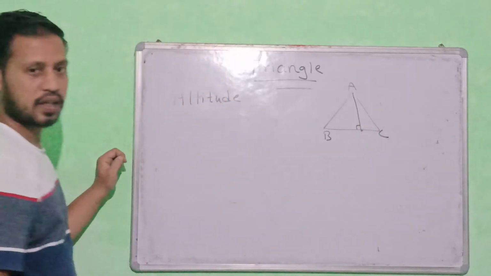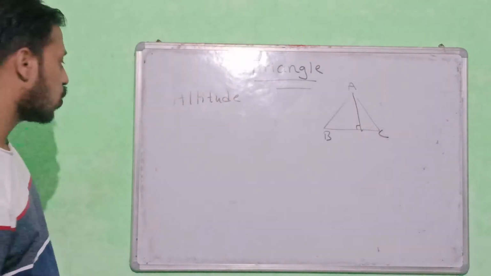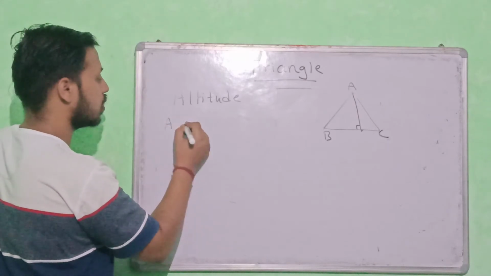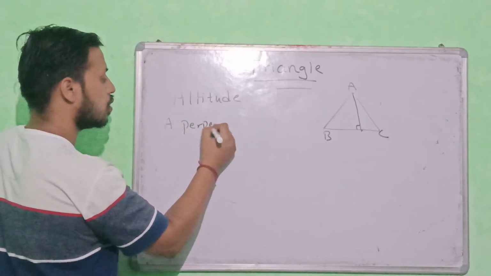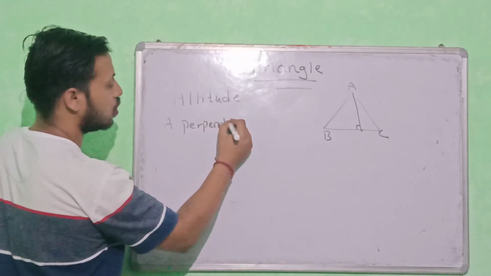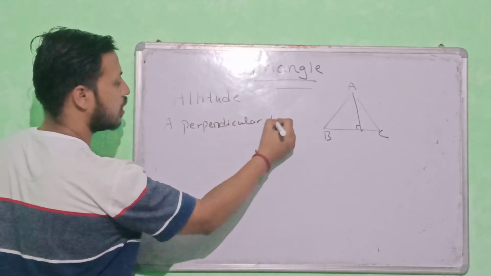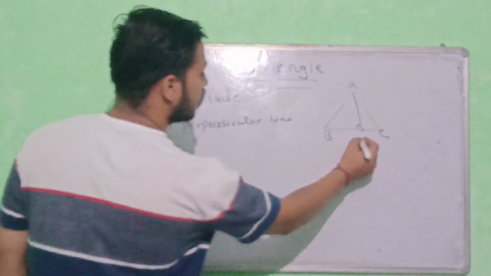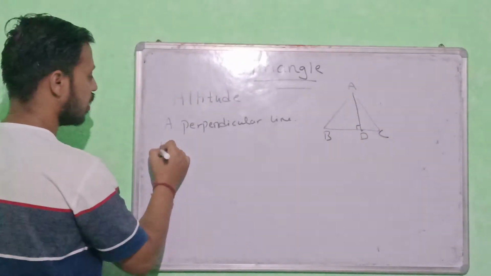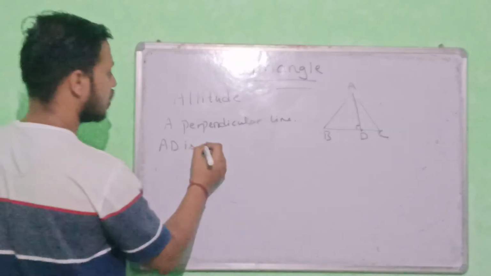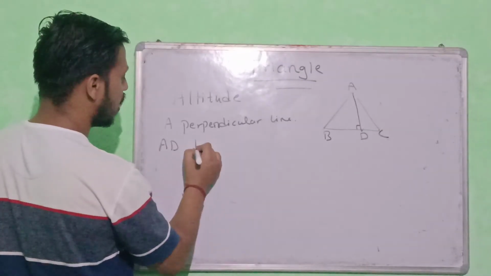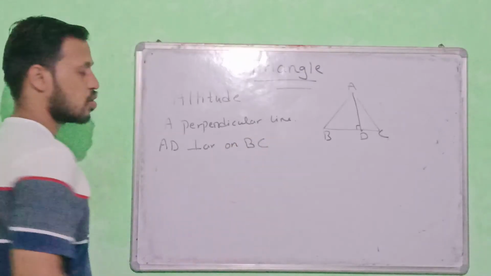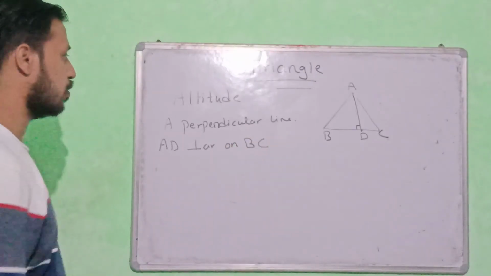What is an altitude? It is a perpendicular line on BC. You can say that AD is perpendicular on BC.